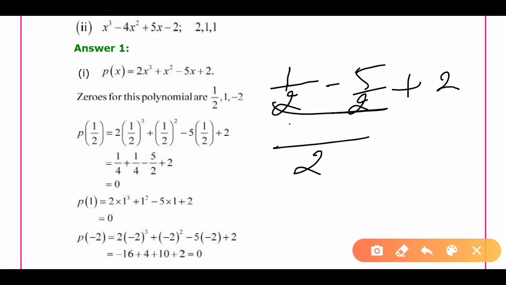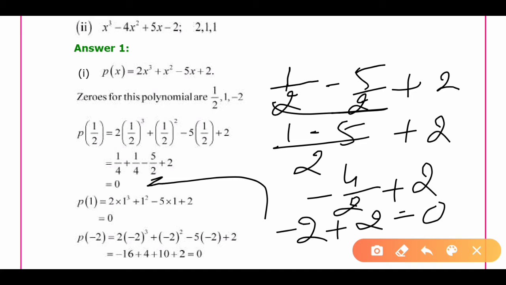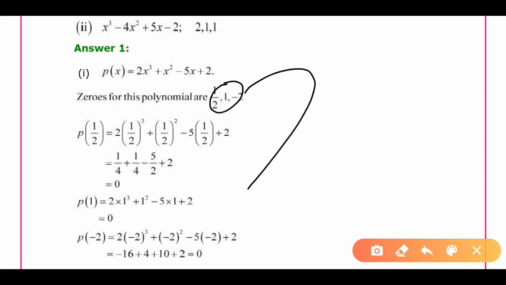So we'll get 1 minus 5 plus 2, and here we'll get 4 by 2 plus 2. That means minus 2 plus 2, that will be equal to 0. So you can see here this one is equal to 0. Clear?